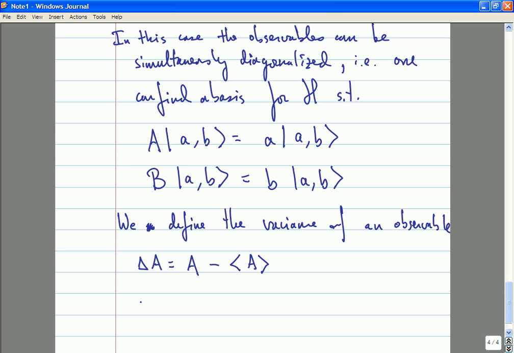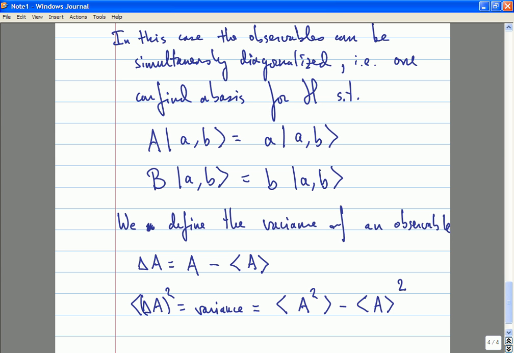Then the expectation value of delta A squared is known as the variance. And that is the expectation value of A squared minus the expectation value of A, quantity squared. So this is the usual definition of variance in statistics.